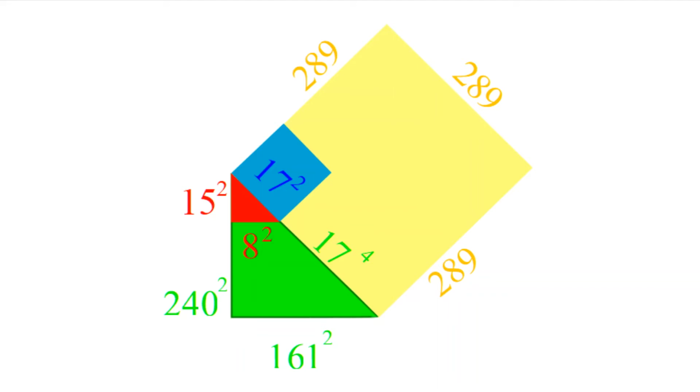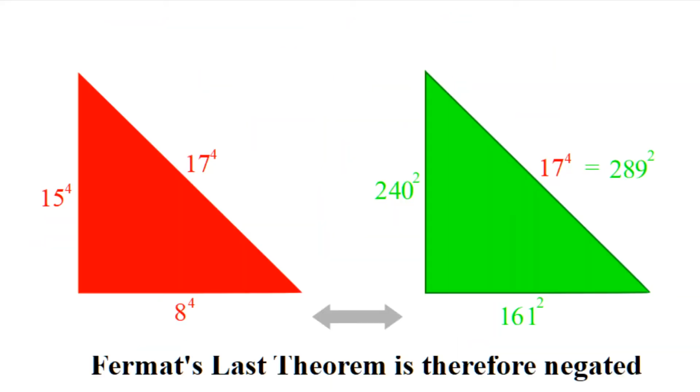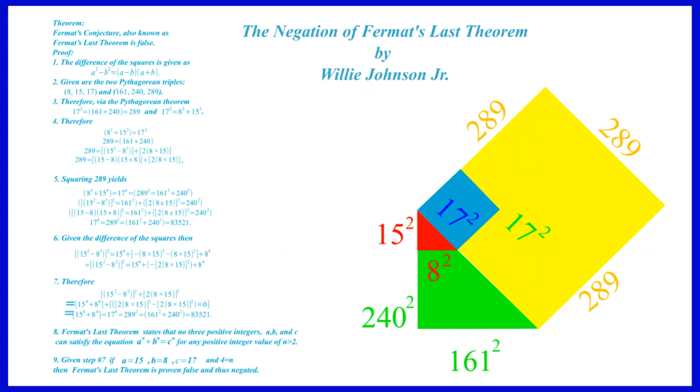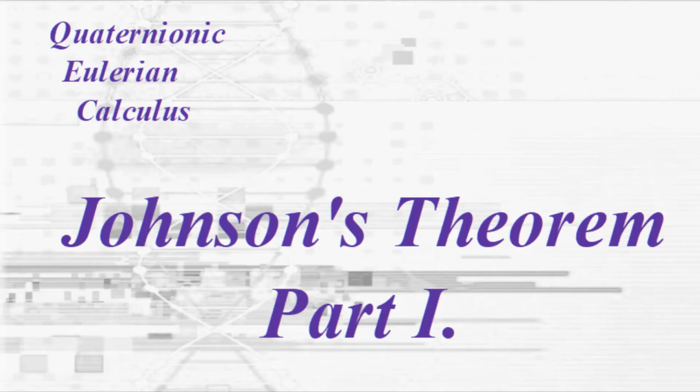And so, from the following equation we see, if A equals 15, B equals 8, C equals 17, and N equals 4, then Fermat's last theorem is false and thus negated. And there you have it, an exquisitely simple 9-step margin proof that could actually fit within the margin of a book, concise and precise. This negation of Fermat's last theorem actually establishes and proves Johnson's theorem and the diagonal rule of secants.